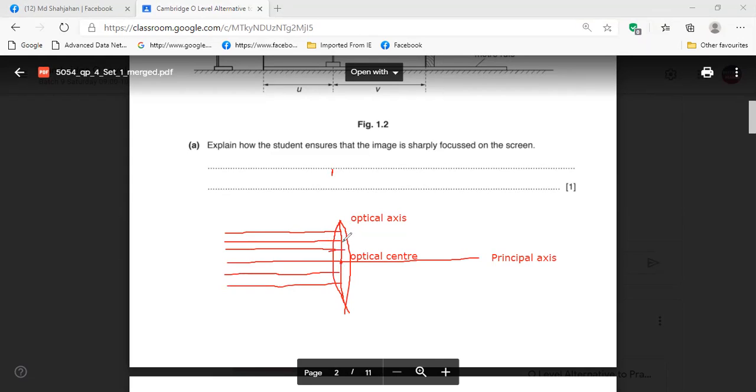Okay, now these rays, after passing the lens, will meet on a single point.